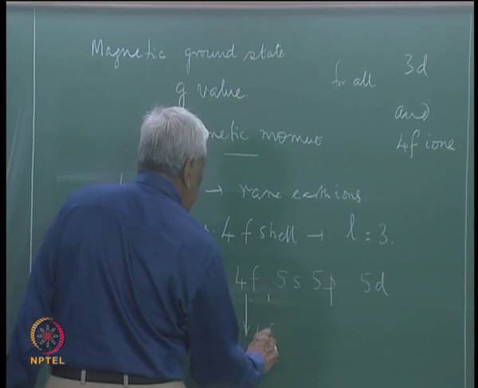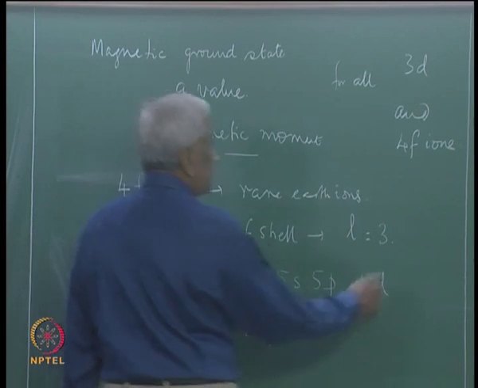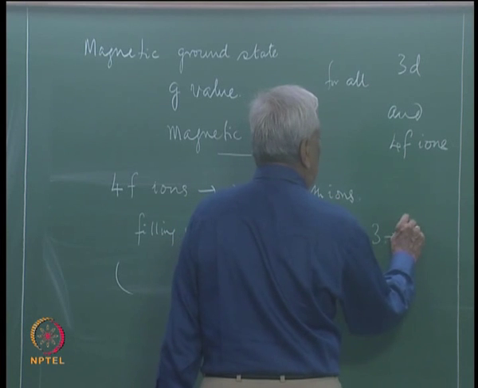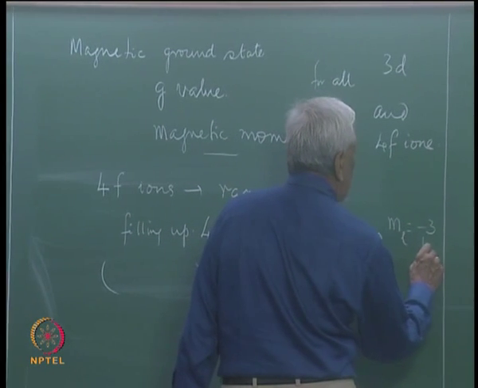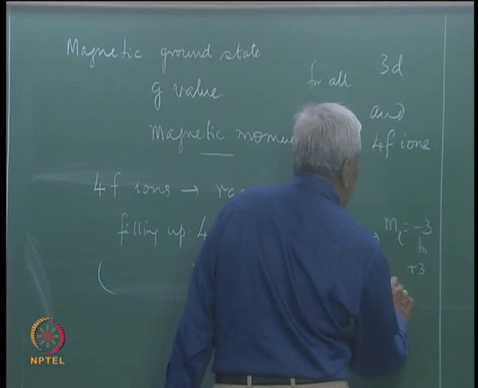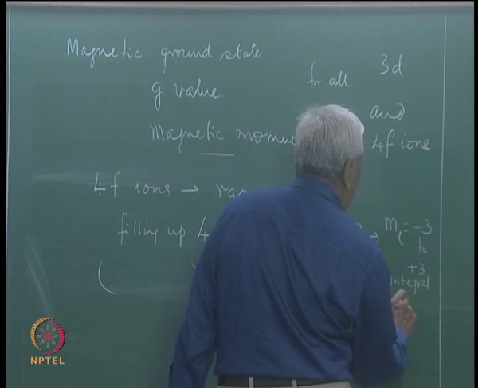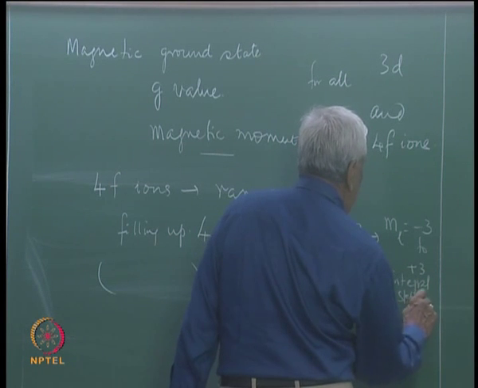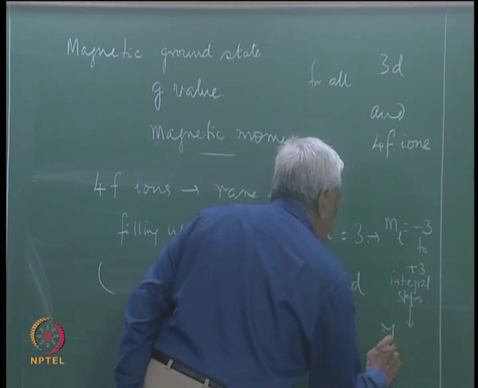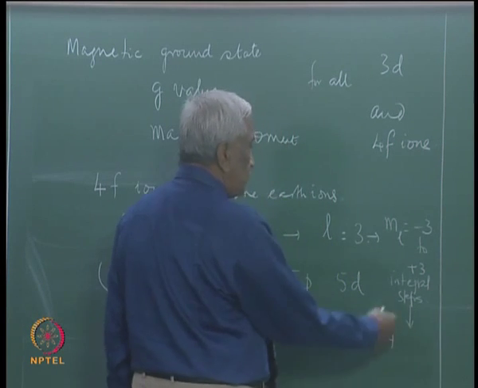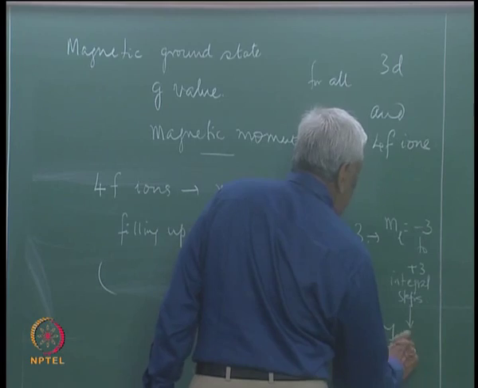So, since L is 3, we have ML going from -3 to +3 in integral steps. So, this corresponds to 7. And then there is a spin which can be plus or minus half.